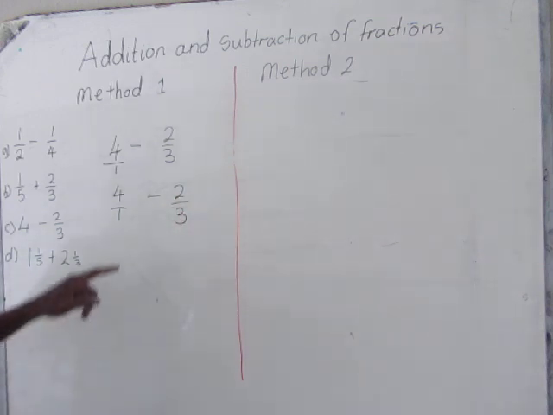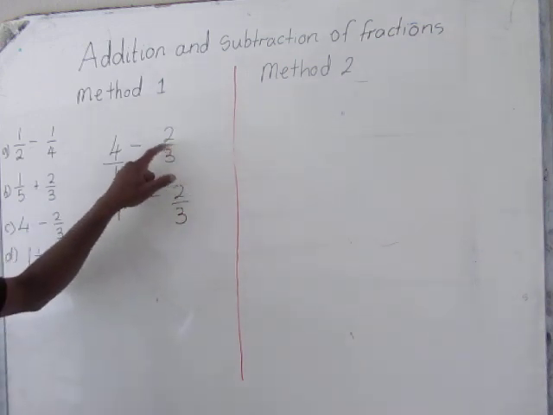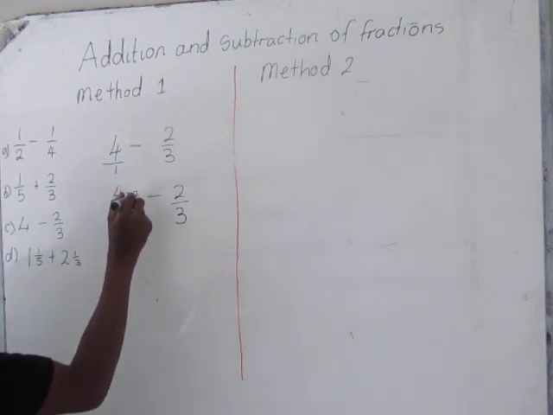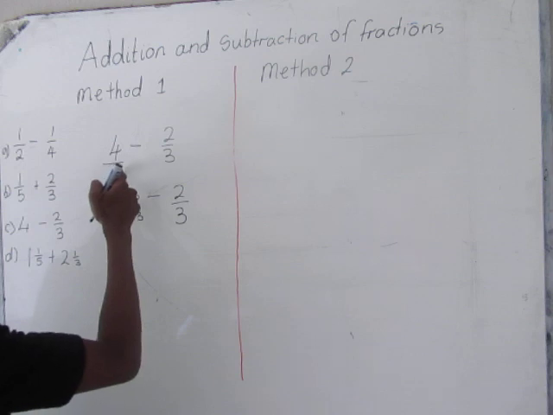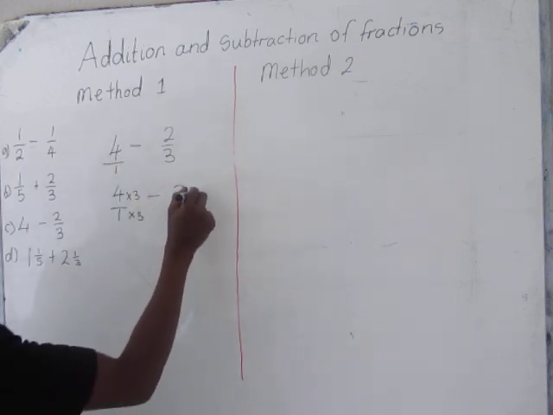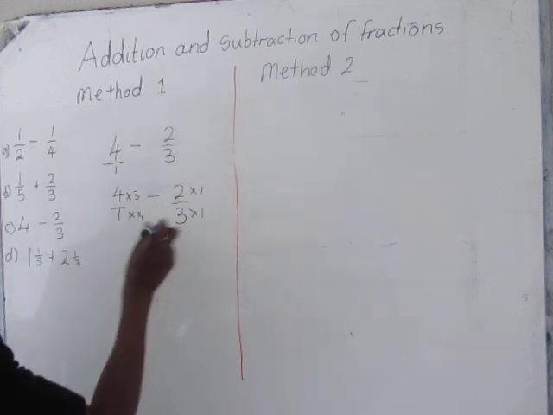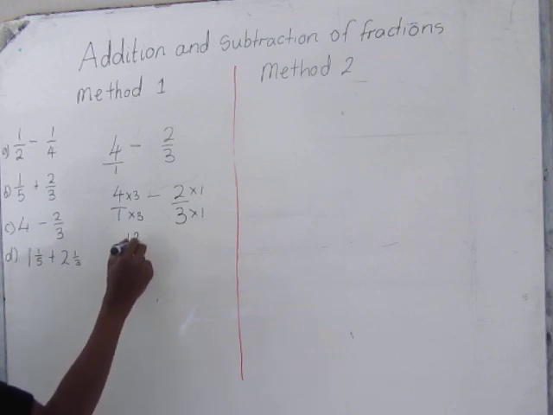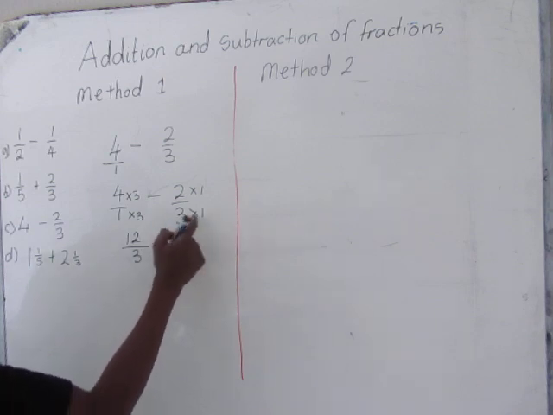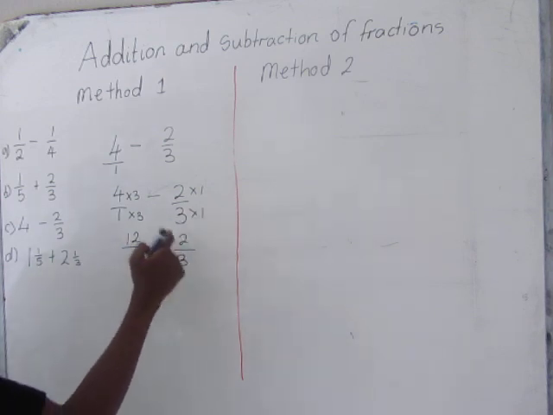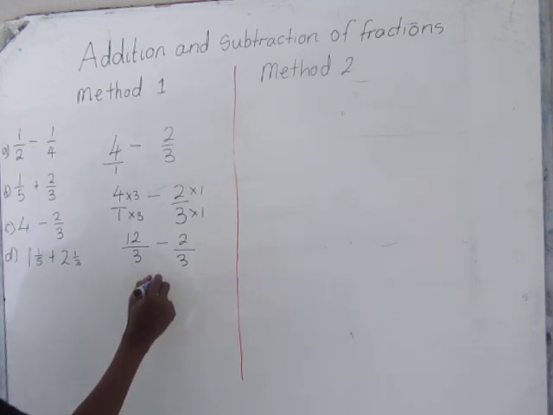So we said we multiply the first fraction by the denominator of the second fraction. And here we multiply the second fraction by the denominator of the first, which is 1. 4 times 3, that's 12, over 1 times 3, that's 3, minus 2 times 1, that's 2, over 3 times 1, that's 3. 12 minus 2, we get 10 over 3.